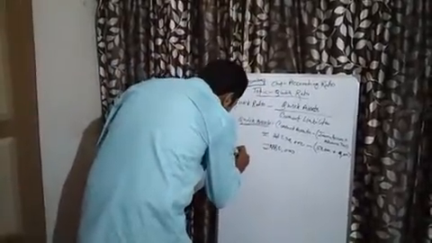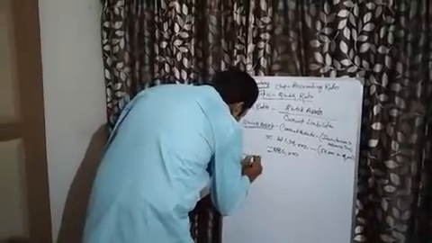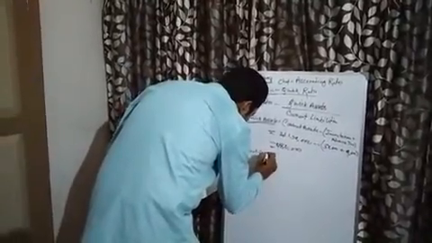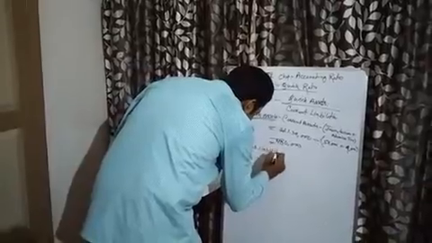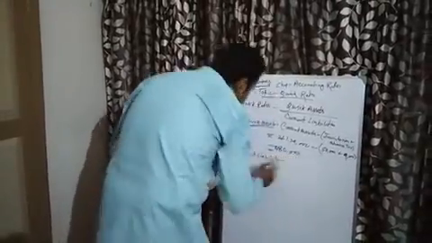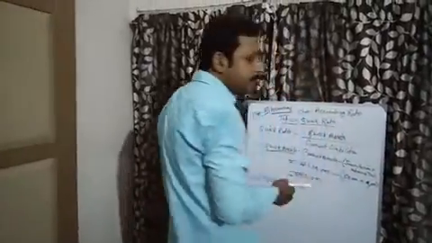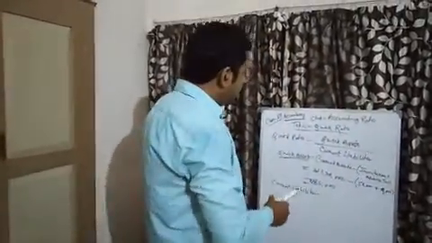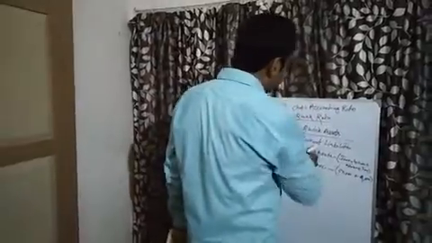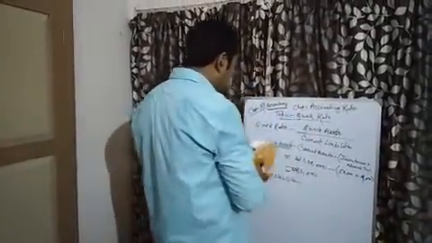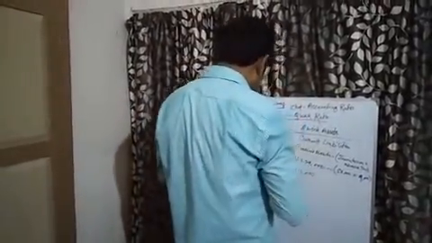Now current liabilities. We also need one more thing, that is current liabilities. In a ratio, you always need two things: one is the numerator, one is the denominator. Now we have got the numerator. What is the denominator? It is current liabilities. What is the value of current liabilities?